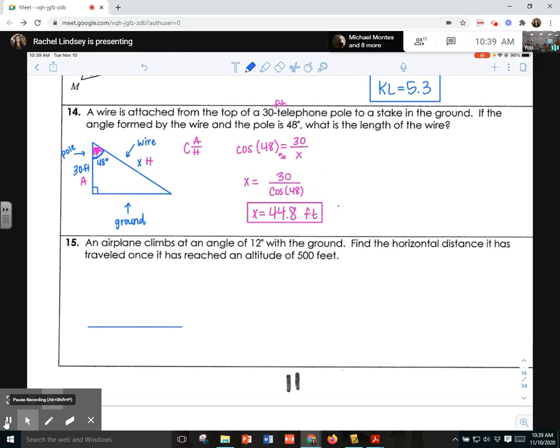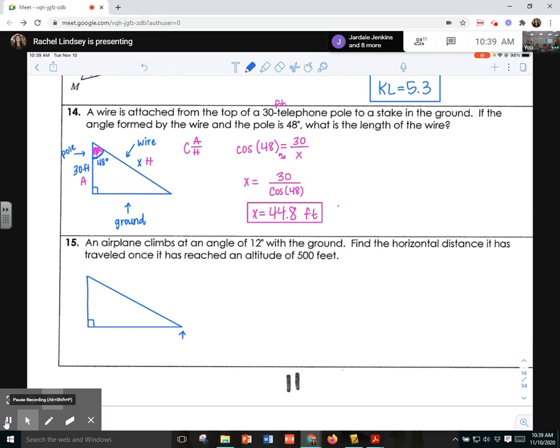Then we have an airplane that's taking off from this point. So it's going to take off. It's gradually going to rise, right? That's how an airplane does. So we want to know how far it has to travel to get to a vertical height of 500 feet.